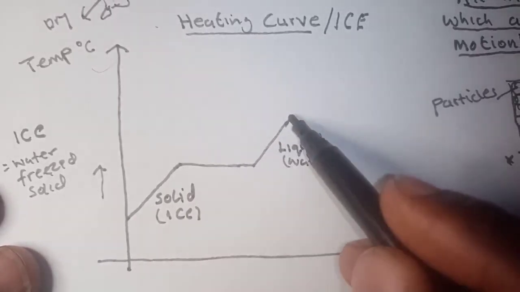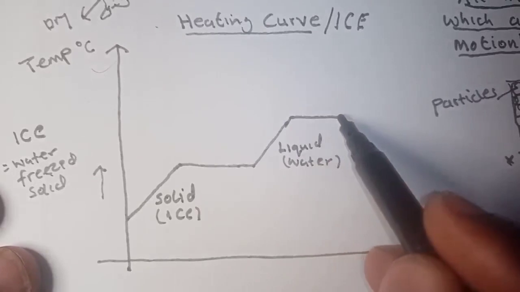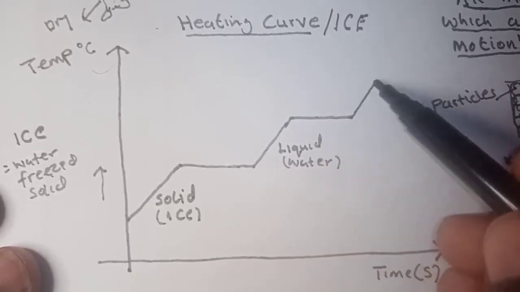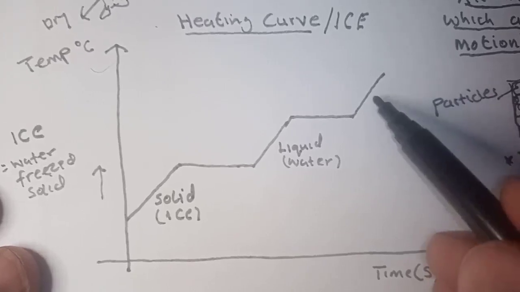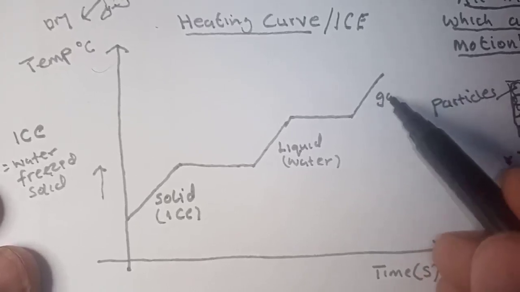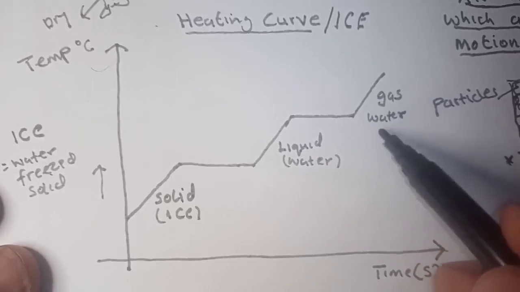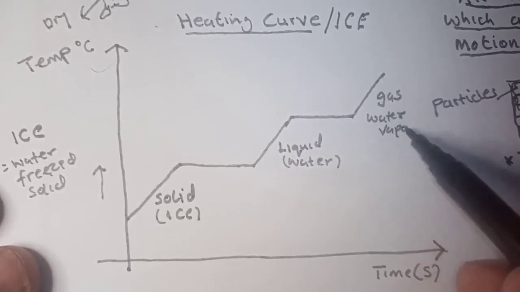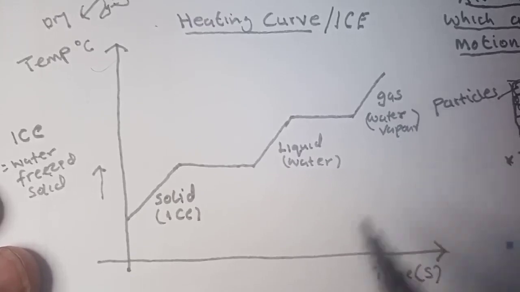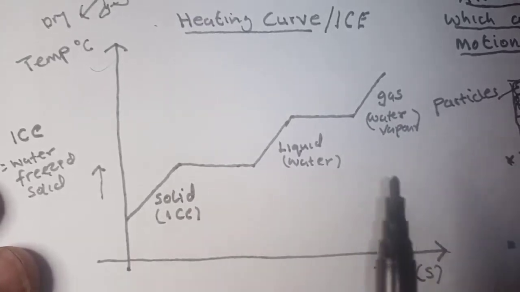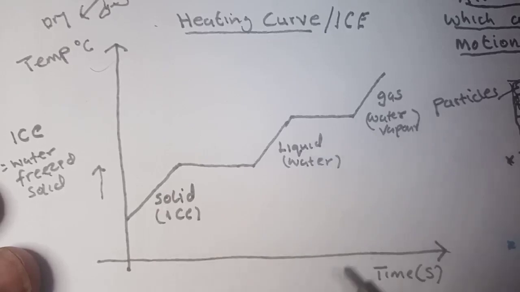Again, as you increase, at a certain point it becomes flat again, then it changes state again. Now it's gas, what we call water vapor. So this is what we call a heating curve.